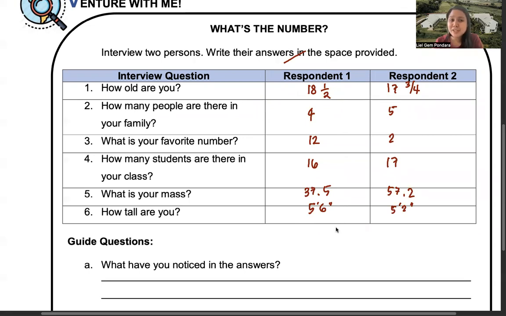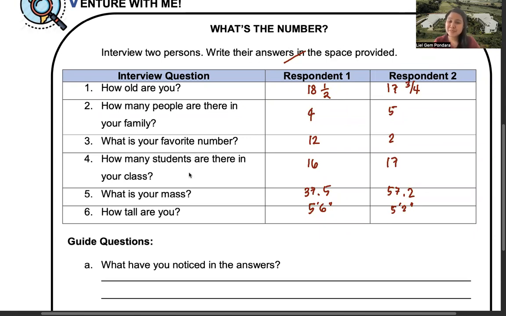Now, numbers 2, 3, and 4 cannot be answered with a fraction part. Like, how many students are there in your class? You say 16.5. That's not possible, right? That's why sometimes in the concept of the boat is sinking, group yourselves to 2.5, and then the other will just sit.